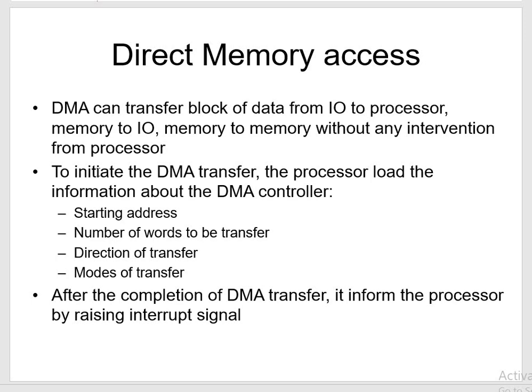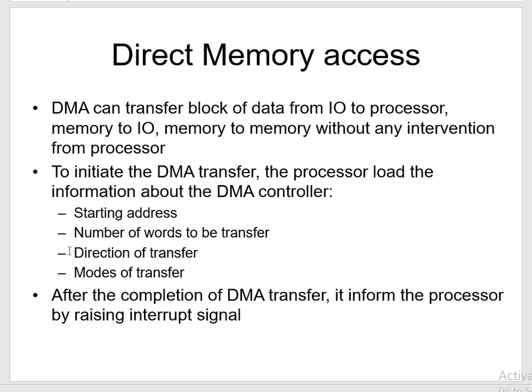It will be the responsibility of the processor to load all the information related to the transfer of the data, such as the starting address, from where it will have to read the data, the address of the source, from where it will start to transfer the bulk data from source to destination. Then second is how many words will have to be transferred, what will be the total data capacity which it will have to transfer from the source to the destination.